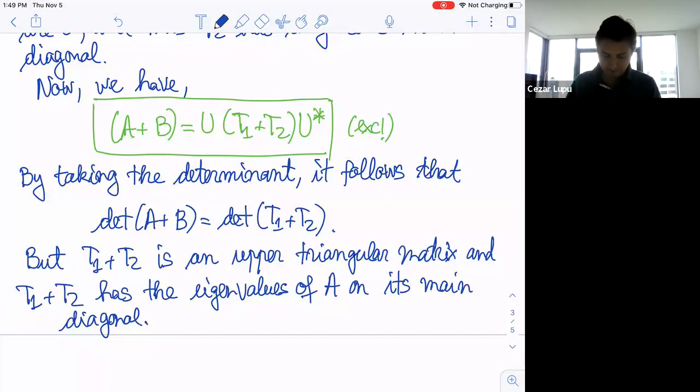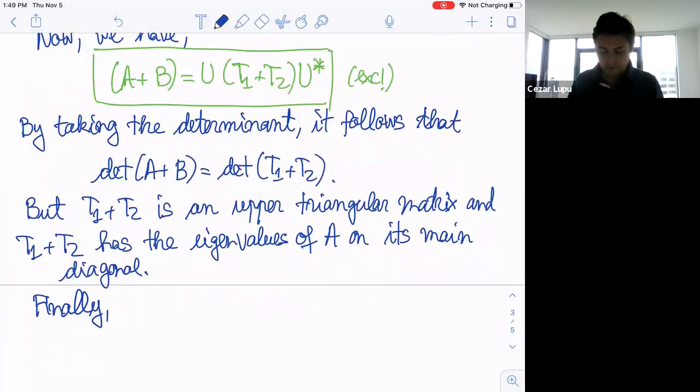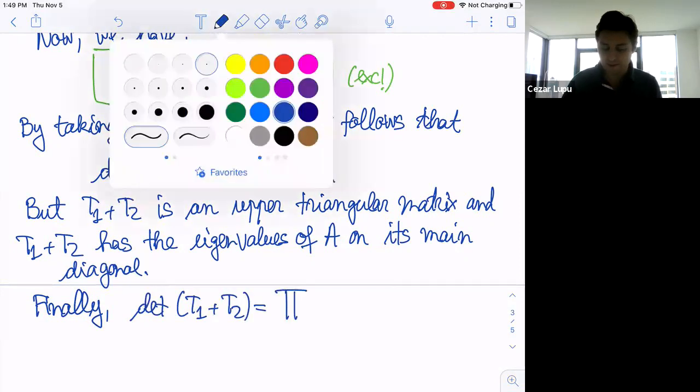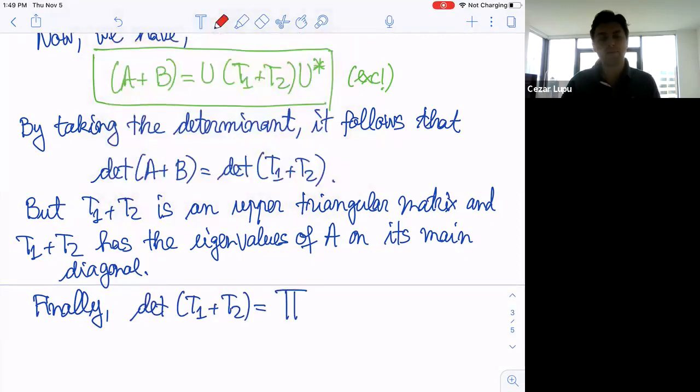So finally, we have that the determinant of T1 plus T2 is nothing else than just the product of the eigenvalues of T1 plus T2. Well, it's the product of the elements on its main diagonal, right?